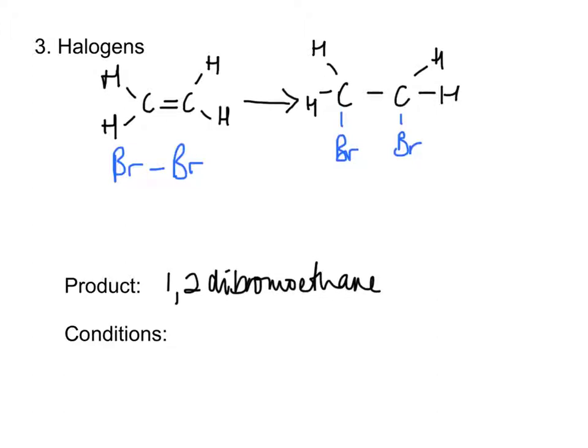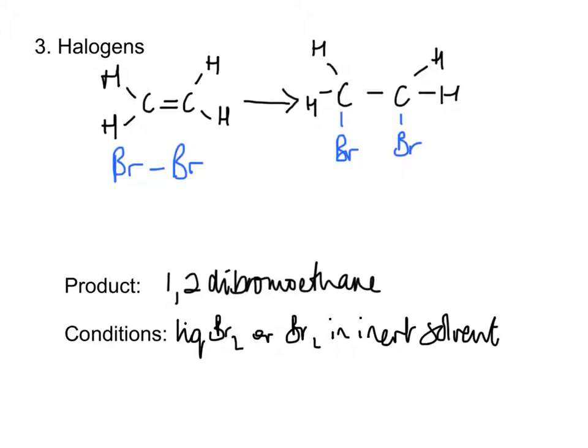The conditions for this reaction are simply that the ethene is bubbled into liquid bromine or bromine dissolved in an inert solvent such as carbon tetrachloride. Chlorine and iodine would react in exactly the same way in this addition reaction.